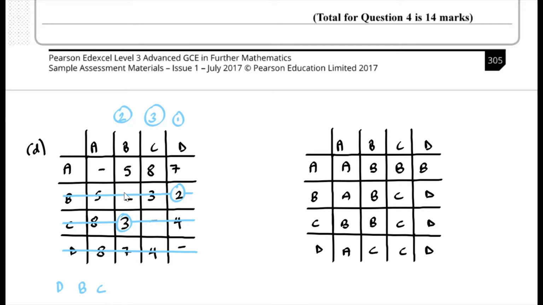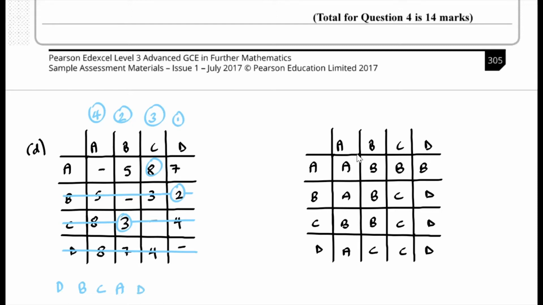And then we look down C, 8's left over, and that takes us to A. And you'd find, therefore we have this 4, which corresponds to A. And then we want to go back to D. And going back to D, this is our route which we wish to take.